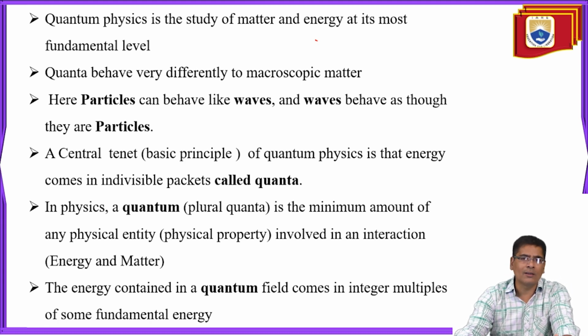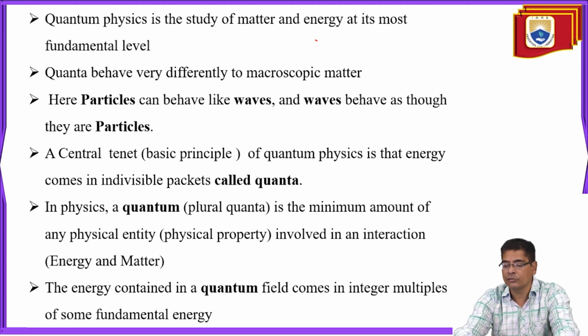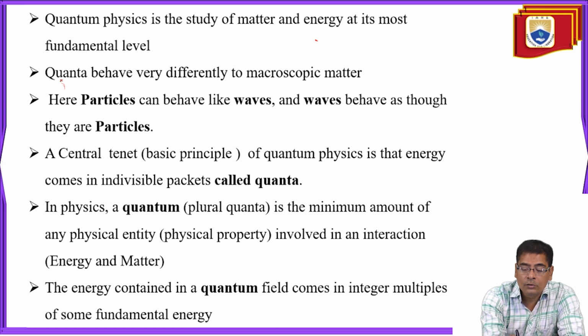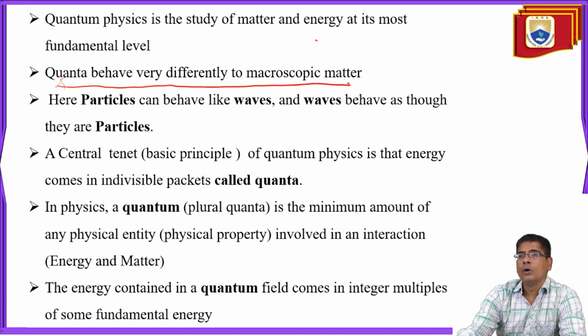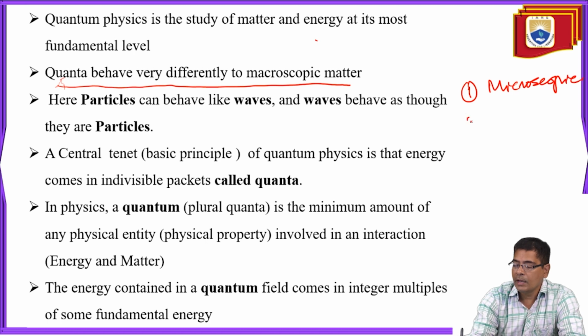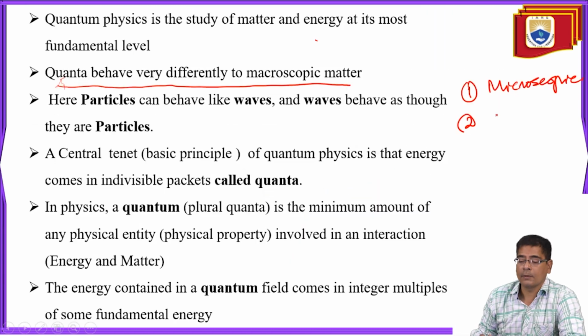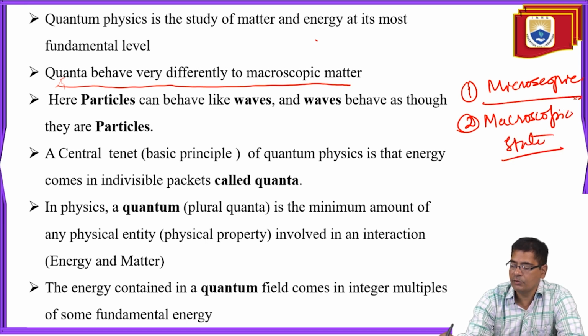right? So quanta behave very differently to macroscopic matter. Here we have two types: microscopic and macroscopic. The microscopic state is the state which can be seen through the naked eye.